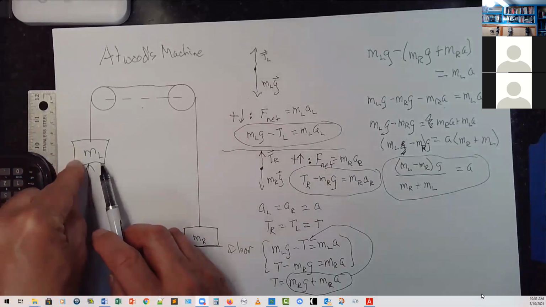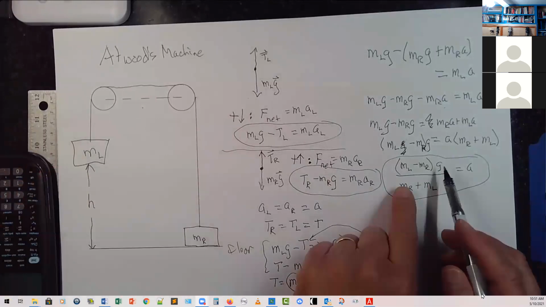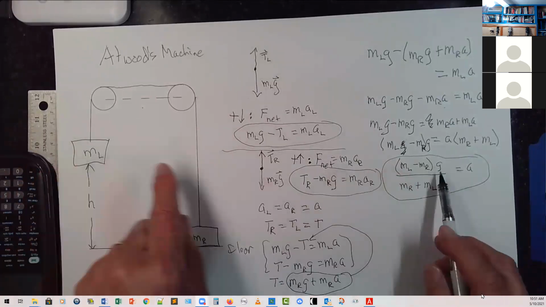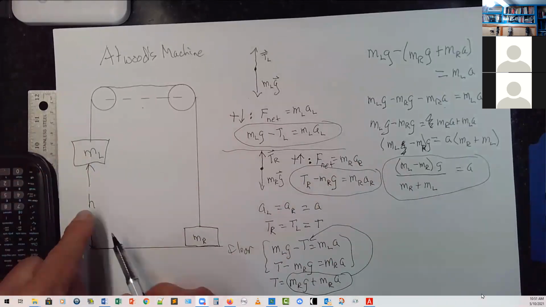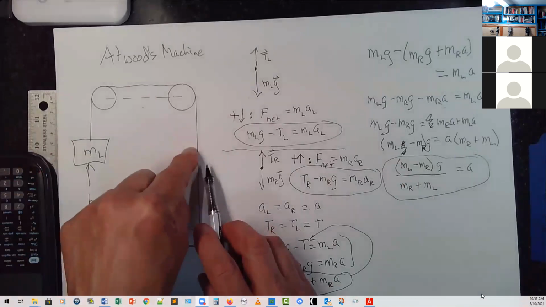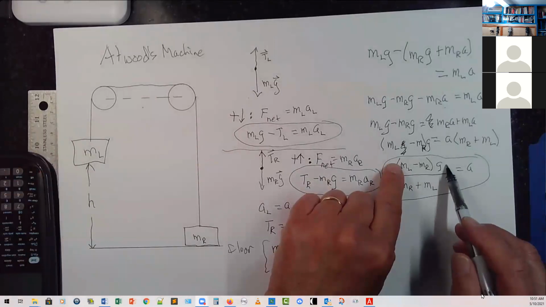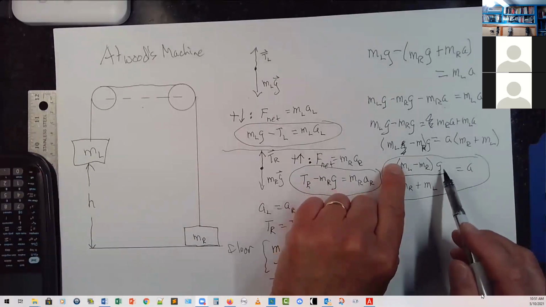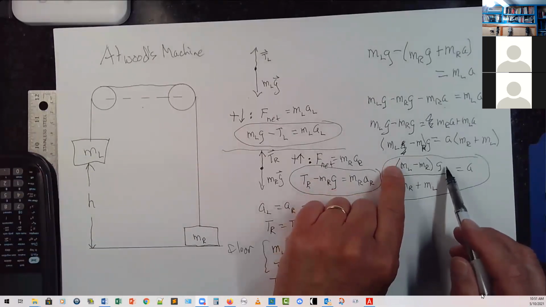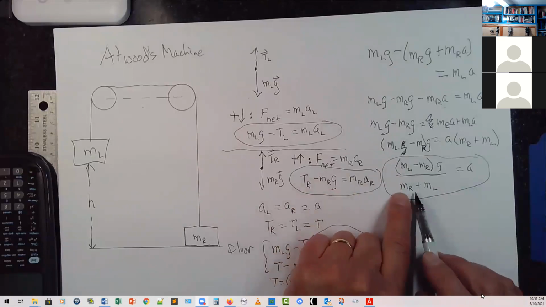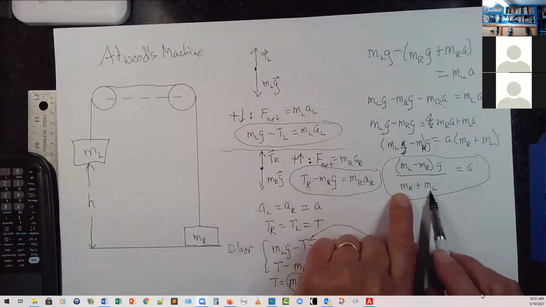It's the heavier mass, okay? And so the net force is the heavier mass working against the weight of the lighter mass. But the mass that has to be accelerated by that net force is the total mass, both the m sub R and the m sub L.